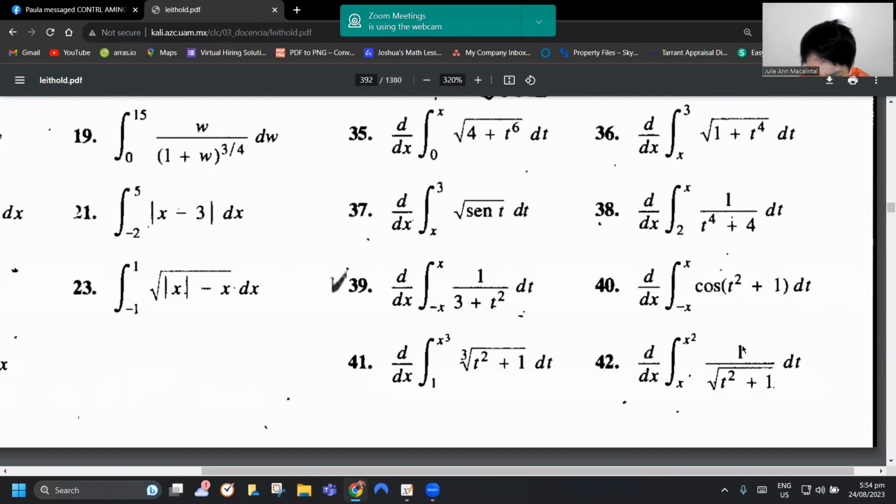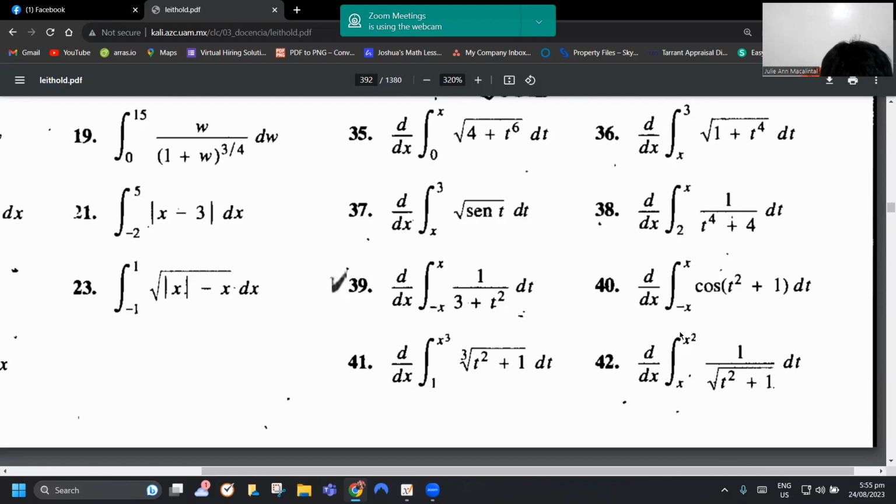Yung ginawa natin na derivation, in-assume natin x is greater than 0 sa original limit. Pero it actually carries over to yung other cases. Madaling tandaan yung reasoning na yun para makuha mo kaagad.